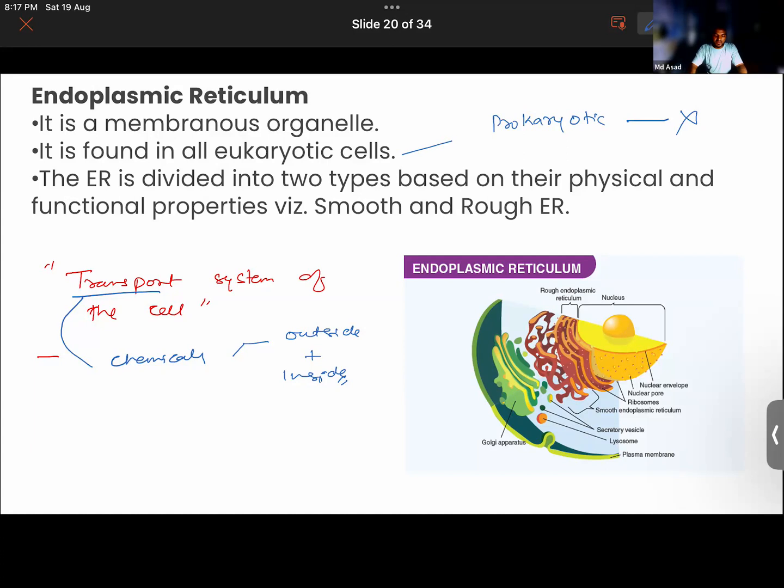Later on you will see that the endoplasmic reticulum has also been divided into two parts. There's the rough endoplasmic reticulum, and there's the smooth endoplasmic reticulum, SER. Now the question is, what are these two terms?